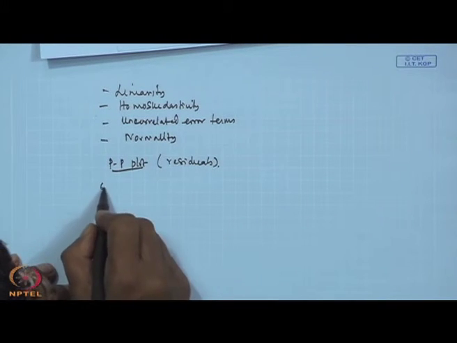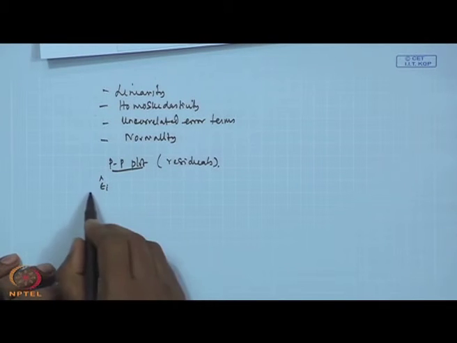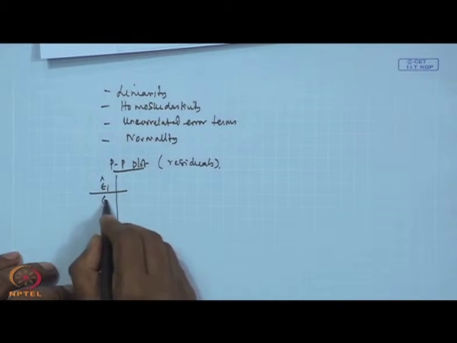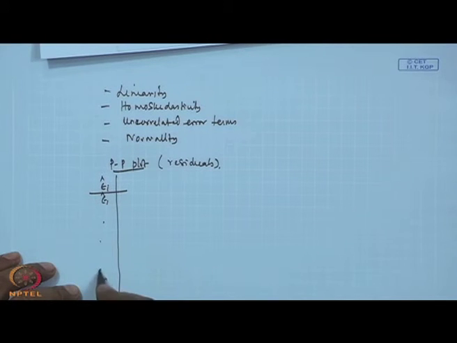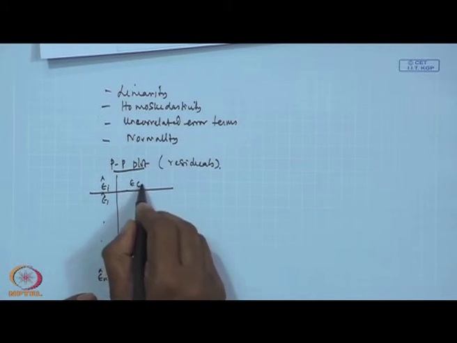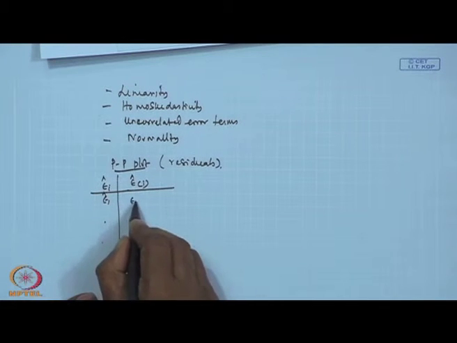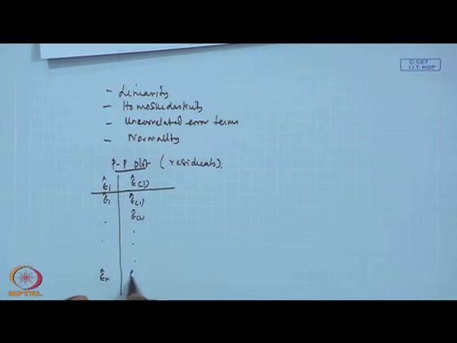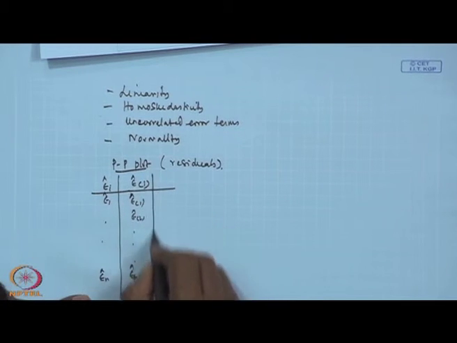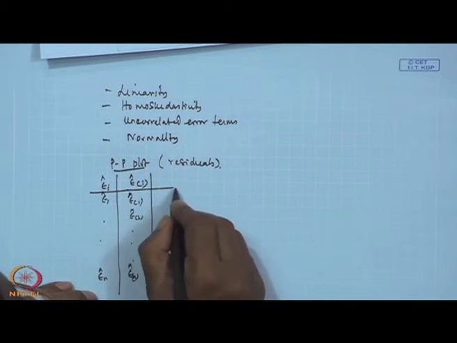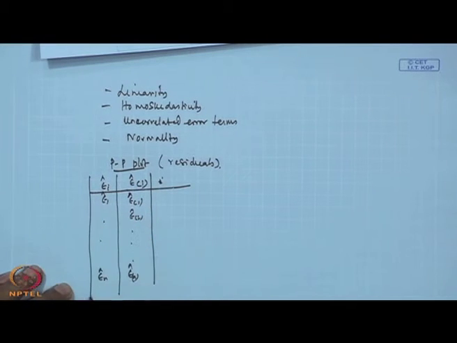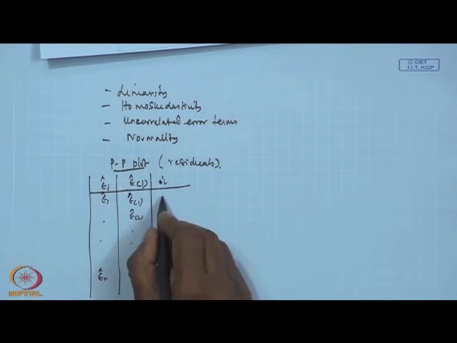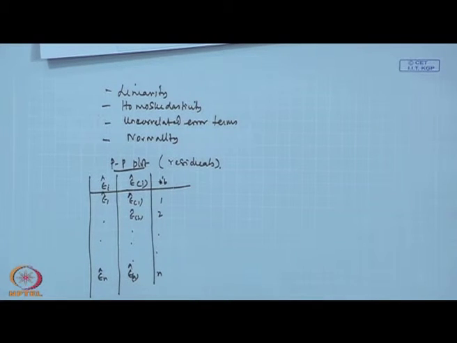What we have done there? Suppose the residuals are coming as epsilon cap 1 to n. Then we found the ordered residuals, for i equal to 1 to n.